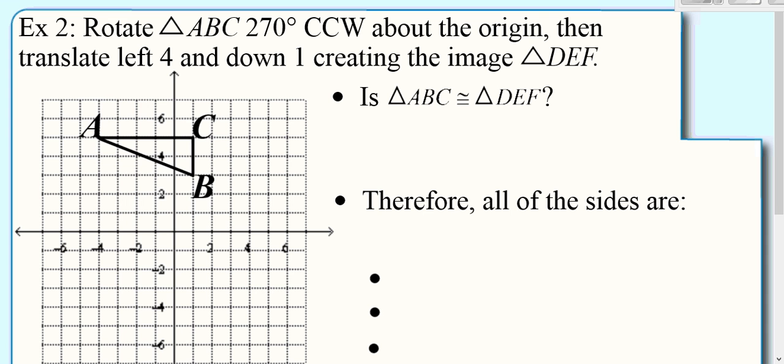If you've got your transparency paper that you can trace over, you can use that, or tracing paper or whatever. But the idea is you need your origin marked. I'm going to do red here, and you have to trace your triangle. And we're rotating 270 counterclockwise, which is that way.